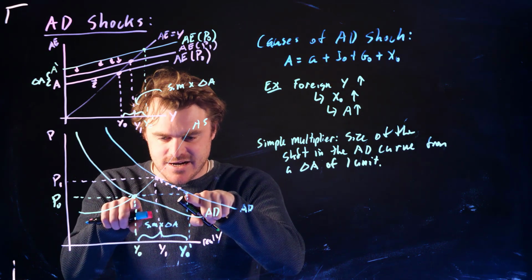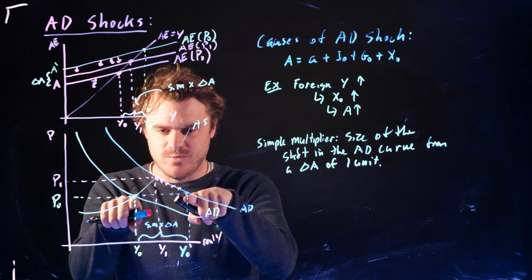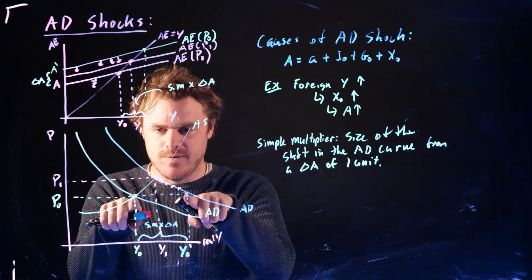That's this distance here, the simple multiplier times that change in A. That change in A was 1, this would be the simple multiplier.